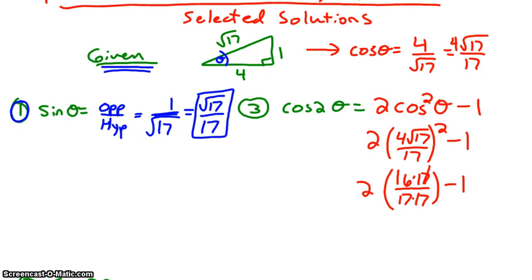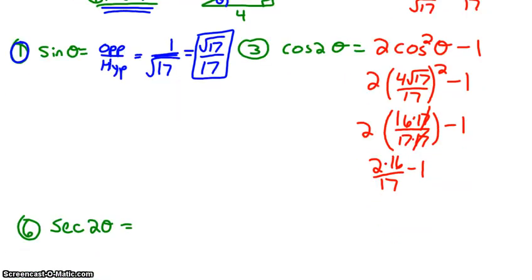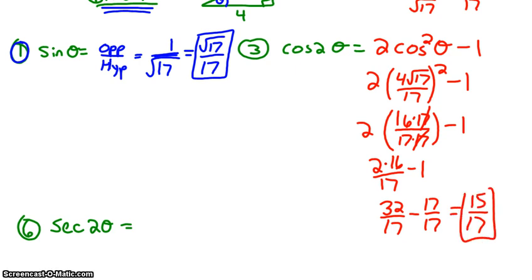Well, we can take out one of the 17s from top and bottom, leaving me with 2 times 16 all over 17 minus 1, better written as 32 over 17 minus 17 over 17, which gives me the result of 15 over 17. So that covers our first 2 problems.